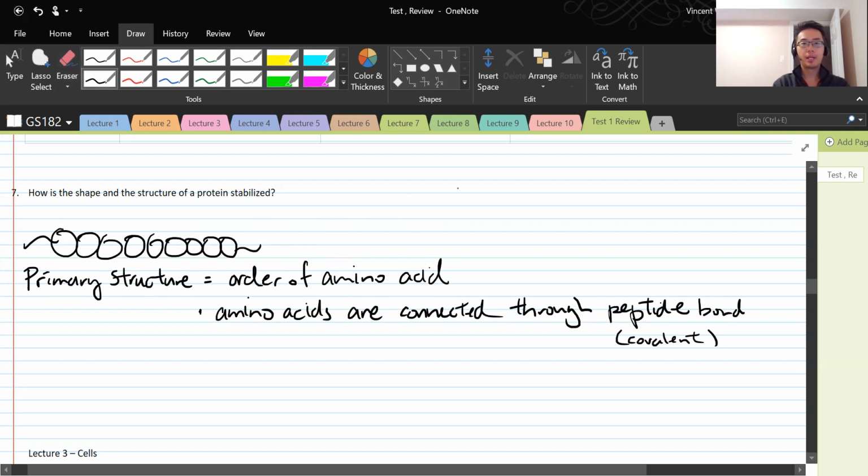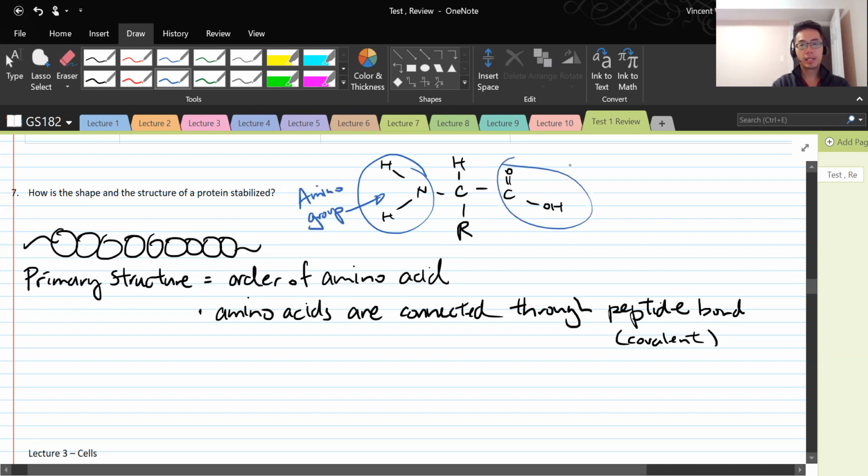Now you might remember that the amino acid looks like this. You don't have to know how to draw it, but you should recognize one if I show you one. There is the amino group, and there is the carboxylic acid group, and then this is the side chain.